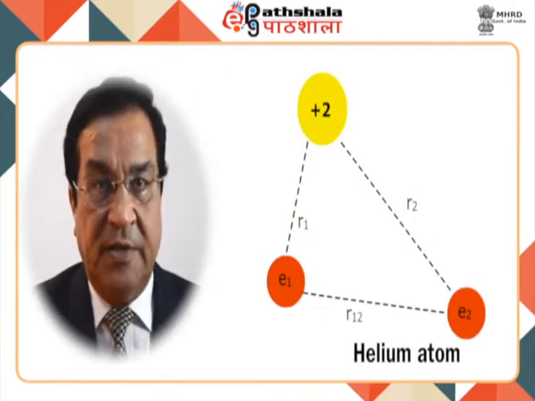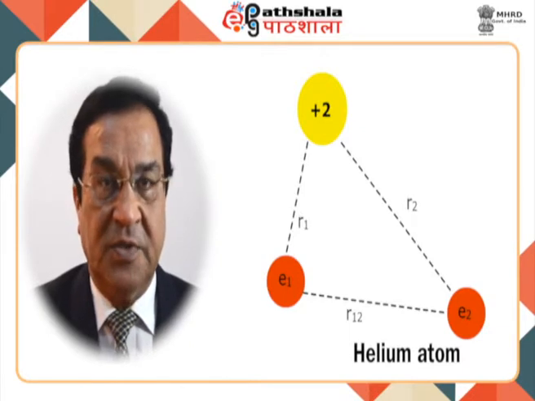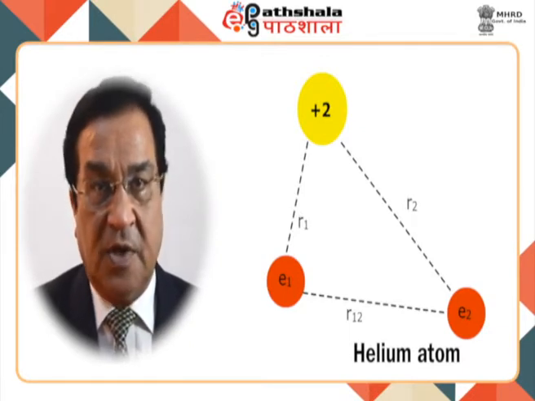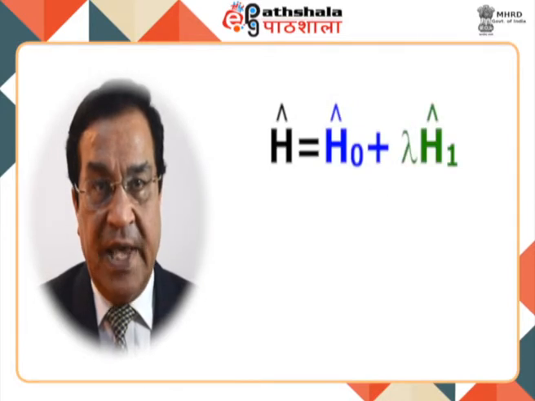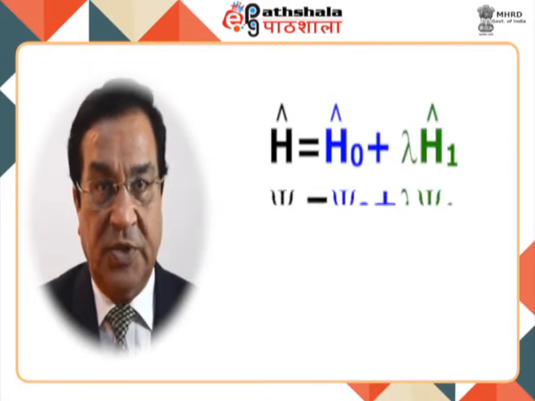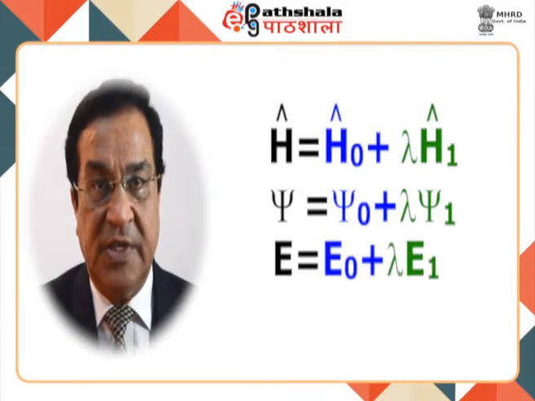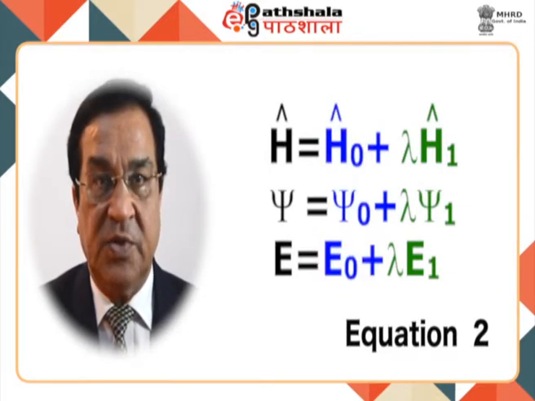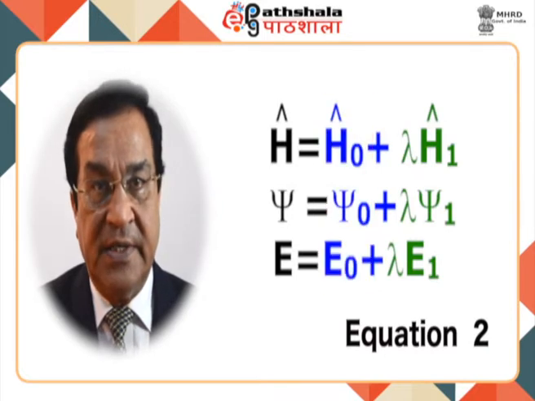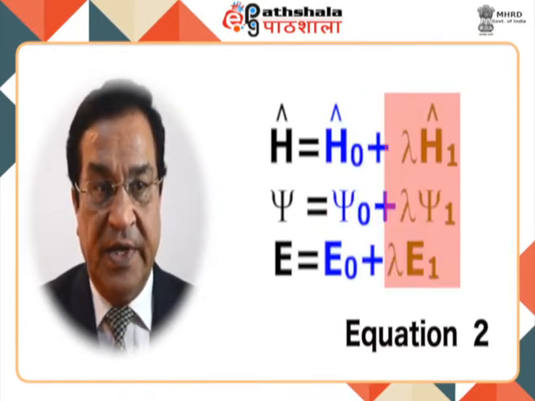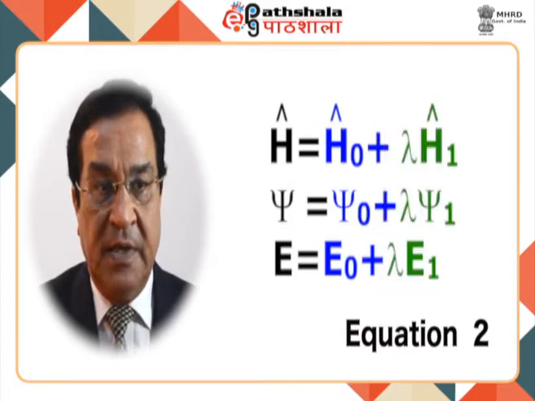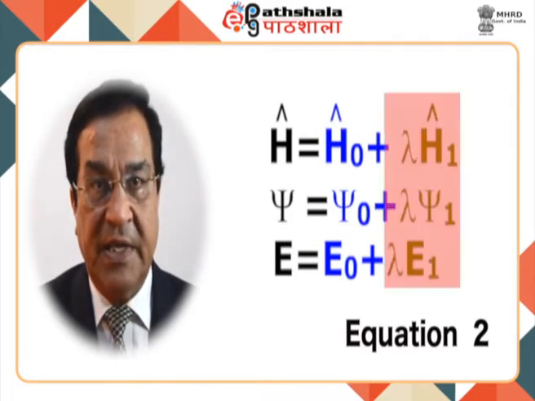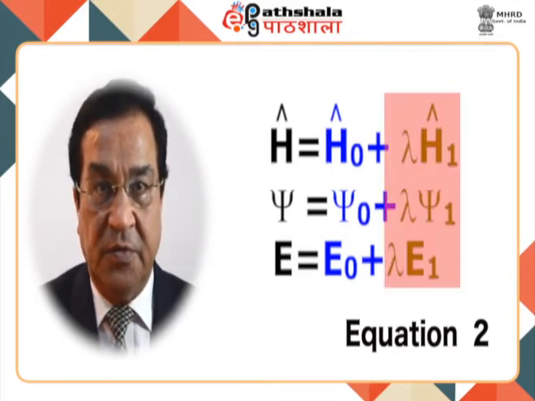Since we are studying the first order perturbation to solve these two problems, the corresponding Hamiltonian H cap, the corresponding wave function psi, and the total energy E will be given by the set of equations 2, where, as you can see, H0 cap, psi 0 and E0 represent the unperturbed system, whereas lambda H1 cap, lambda psi 1 and lambda E1 represent the corresponding first order correction to the various terms.